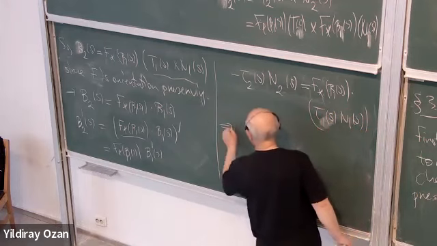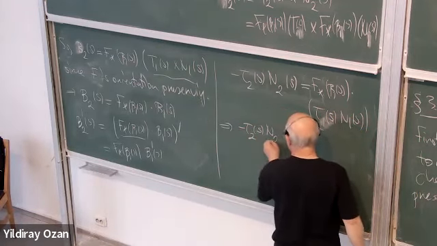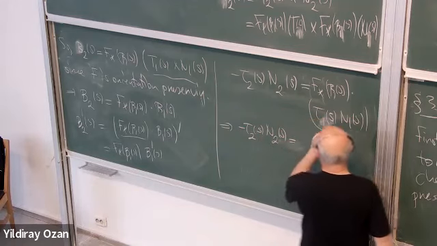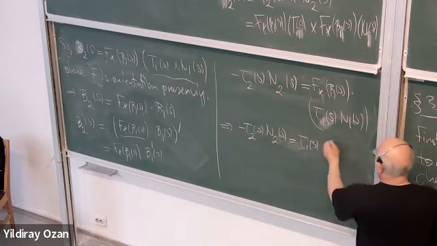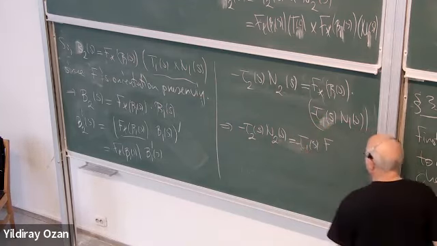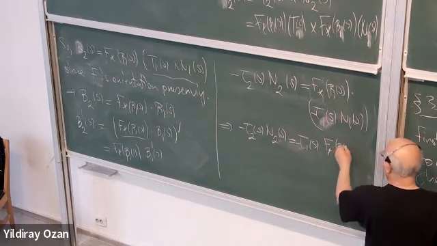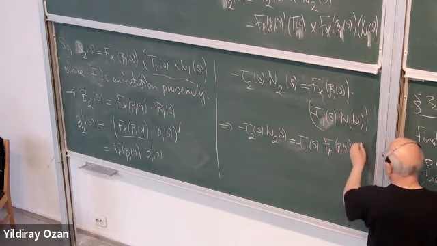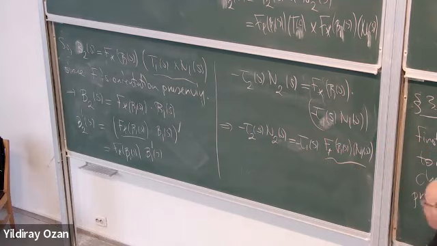So from this we get minus T2S times the normal vector of the second curve is just tau 1S times minus, yes, F star at beta 1S times N1S. But what was F star of N1? It was N2.